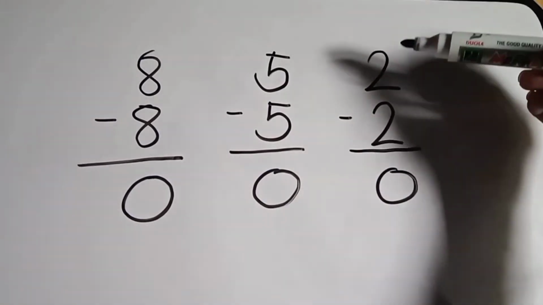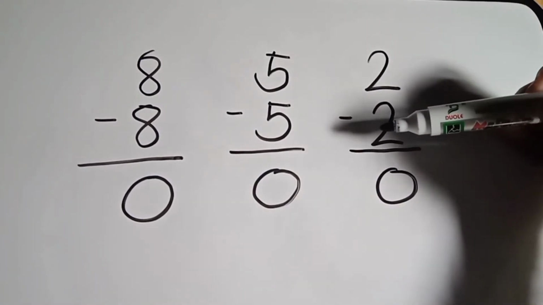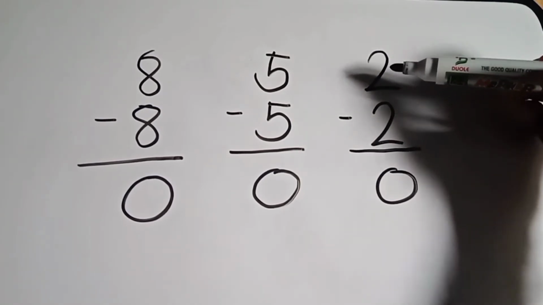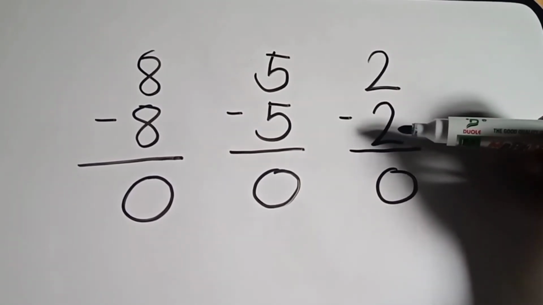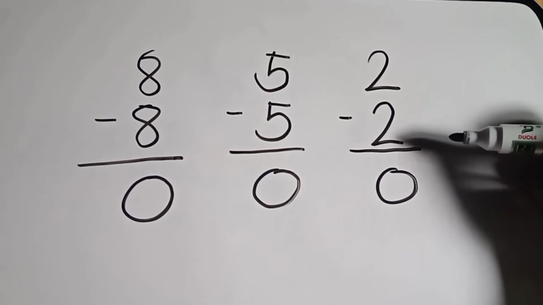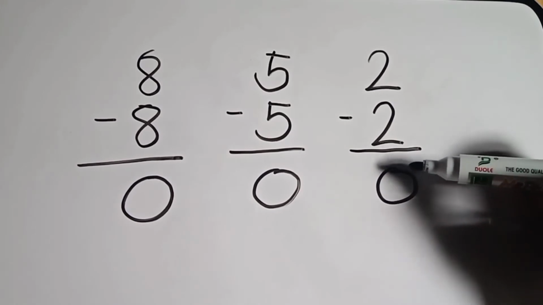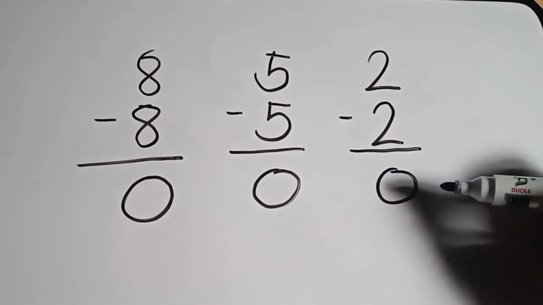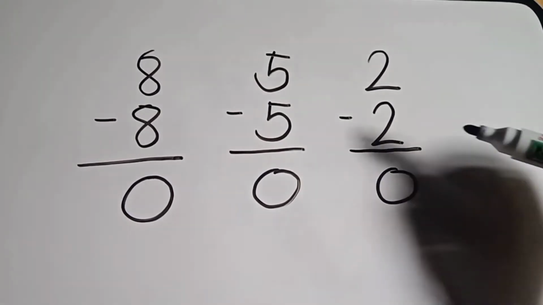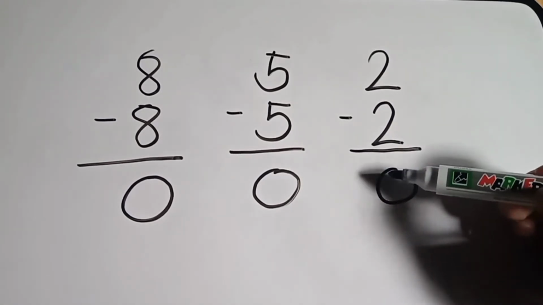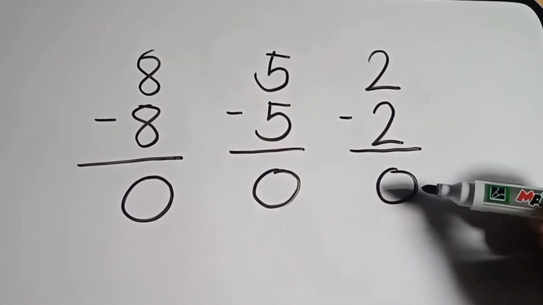As you can see, the numbers are the same, right? 2 is our minuend and 2 is our subtrahend. In tip number 3, if the numbers are the same, the answer is always zero.